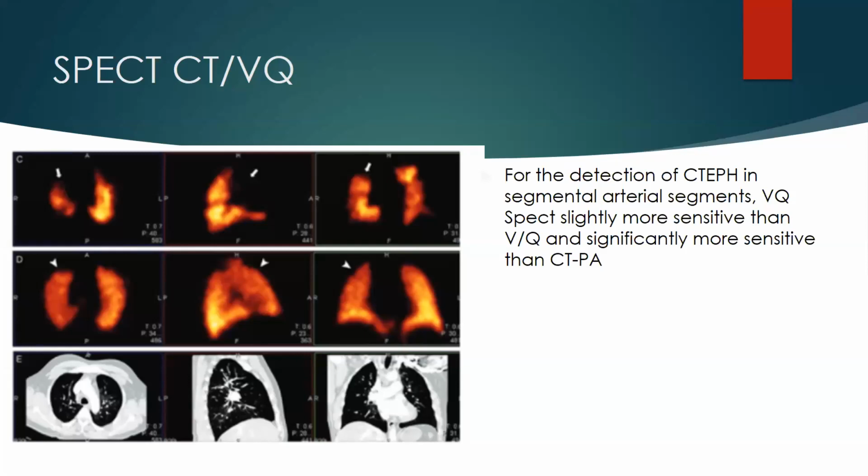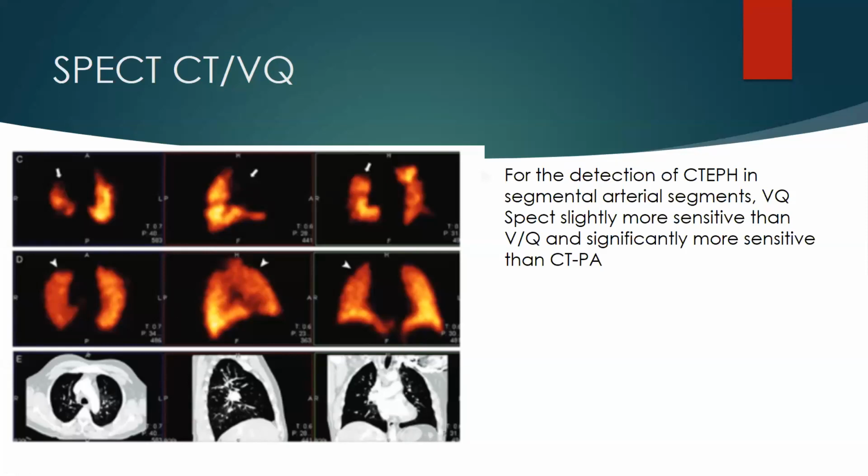So there is something called SPECT CT, and you're essentially combining CT and VQ scan, and it's slightly more sensitive than VQ scan by itself. I don't think it's something we really use often because usually we can figure out what we need by VQ scan itself, but it's something to know that's emerging. On the top here, you have SPECT VQ, and on the bottom, you have CT scan.